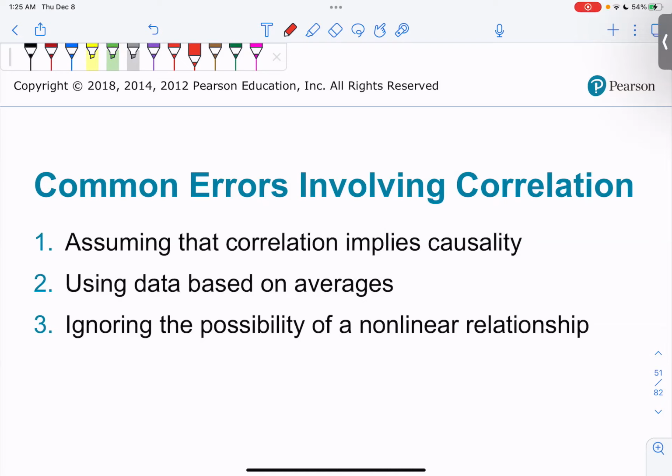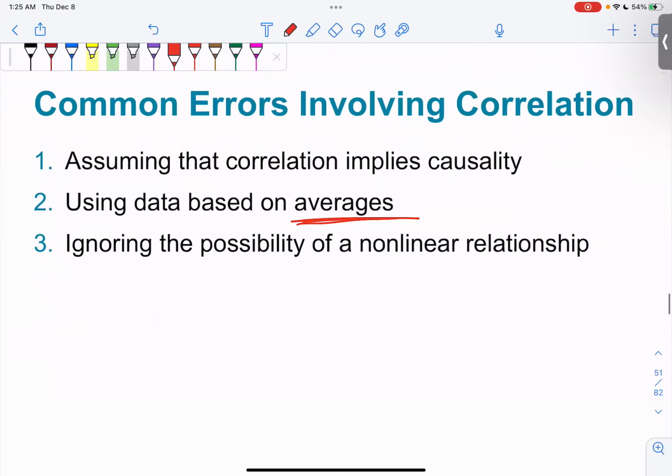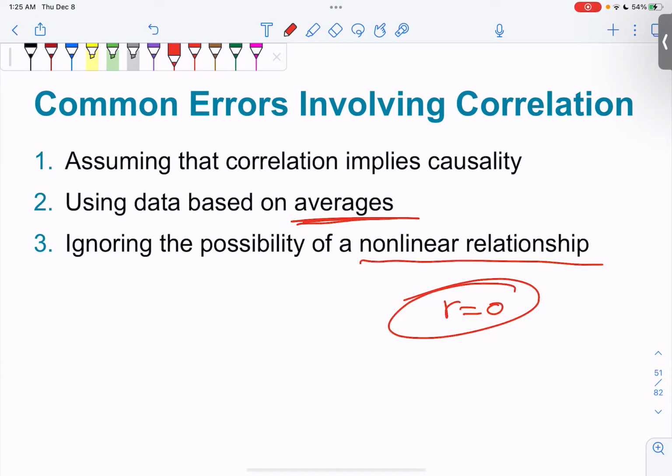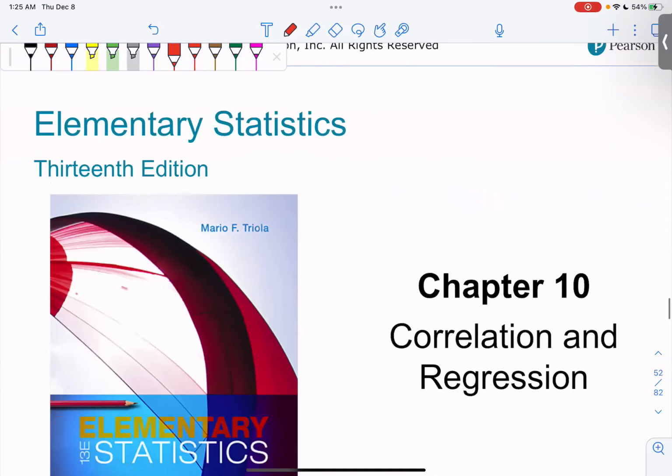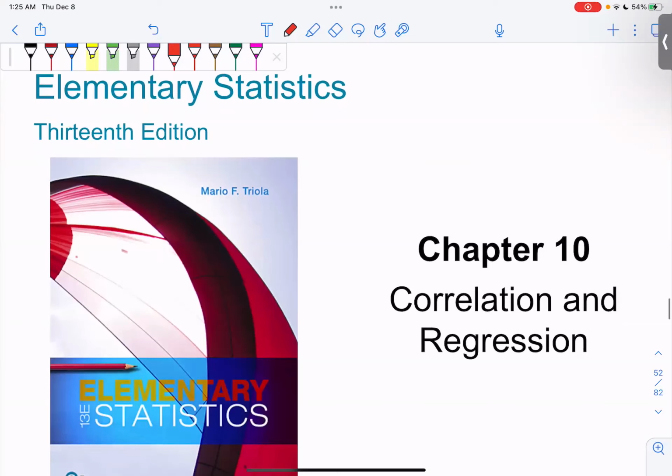Another is using data based on averages, so we don't use just one variable and watch how that one observation changed; we use it on average. And then, when r is equal to 0, that does not mean we don't have correlation between those two variables, because there might be a non-linear correlation between them.